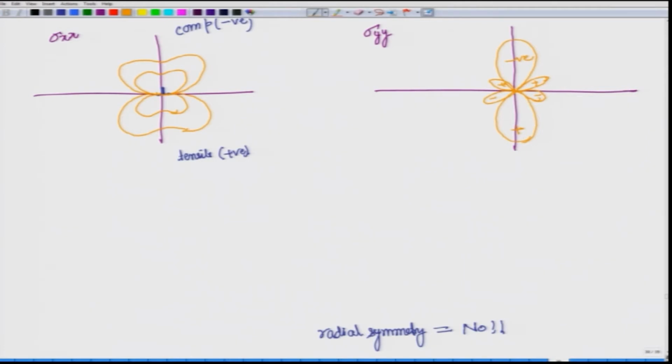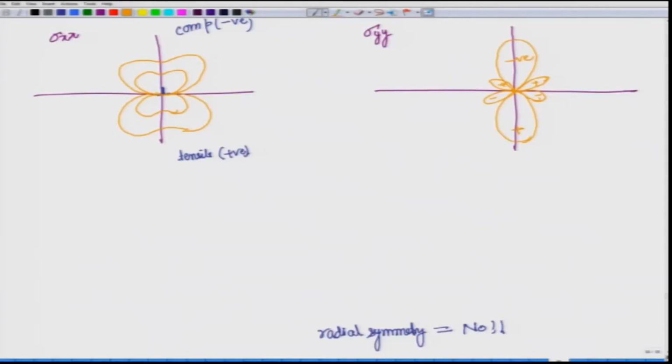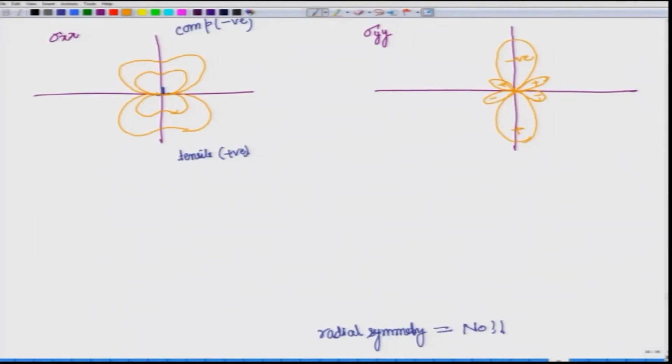So, we are talking about the normal stress in the y direction. Here you have tensile in the y direction, and in these two small lobes, and on the positive y side we have negative, meaning compressive, the atoms are being pushed together. So, this is negative, and so is the negative over here, the smaller two lobes, and this is exactly at 45 degrees.